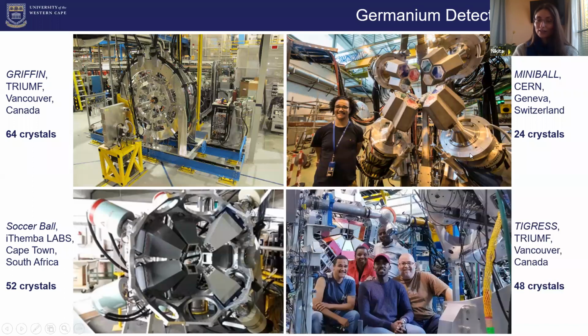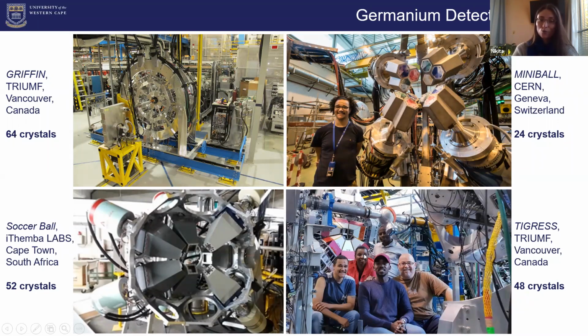And our fourth array that we will look at is the TIGRESS array, also at TRIUMF in Canada. So here we have a picture of when the UWC group and Sifiso from Unizulu visited in 2018, which is when I met the whole group. So here you see the array while it is open.